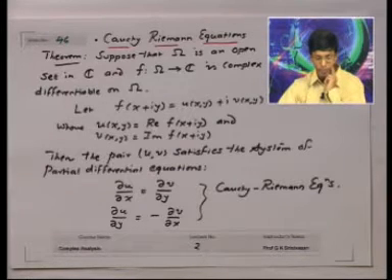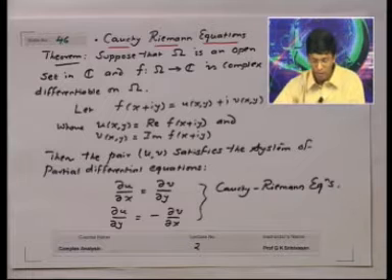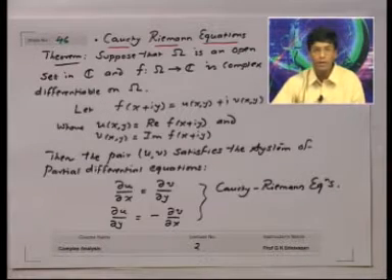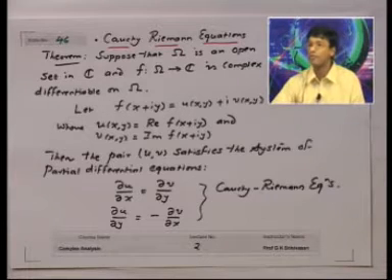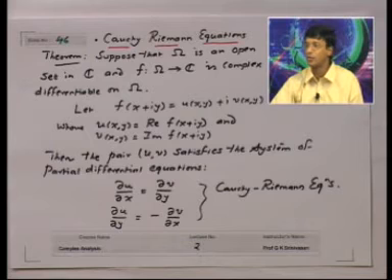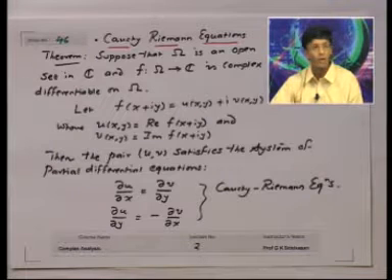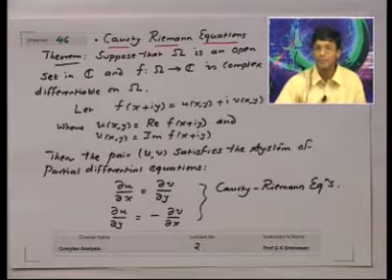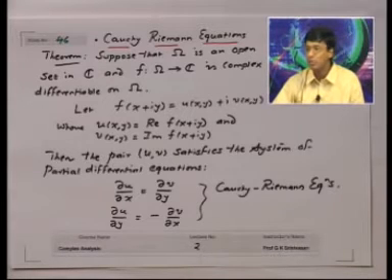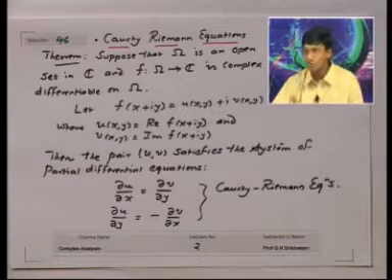So, for example, suppose I take a function f of x plus iy equal to x squared plus y squared. Prima facie, it is a very nice function, it is a polynomial in x and y. So, what is u? u is x squared plus y squared, v is 0. What is del u by del x? 2x.